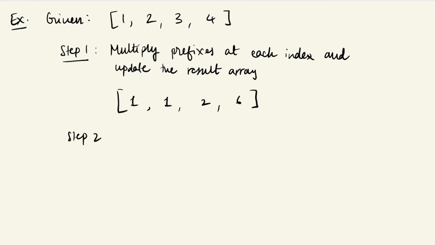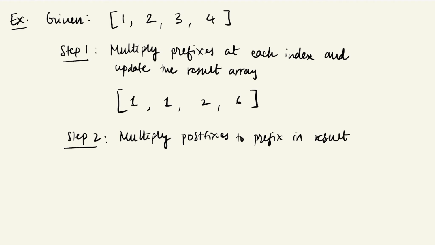Step 2 is to multiply the postfixes, which is the other side of each index, right? Multiply postfixes to the prefix index in the result array.